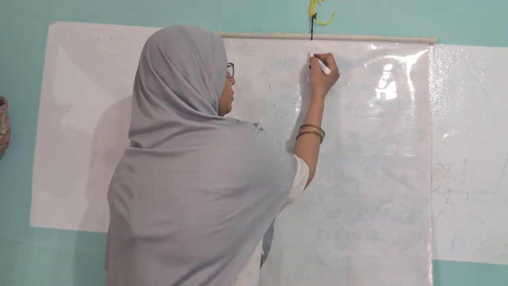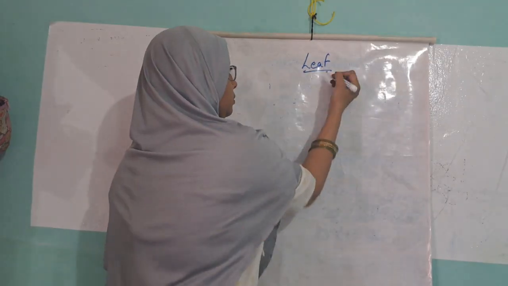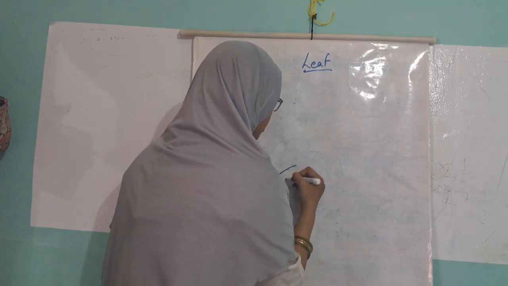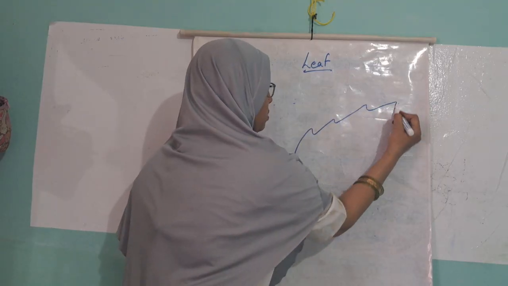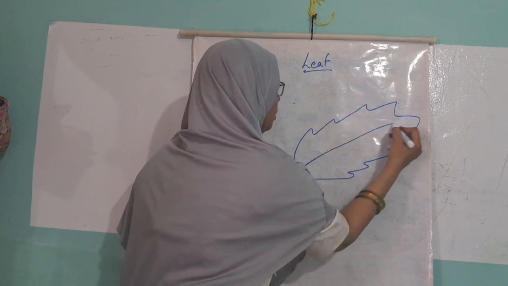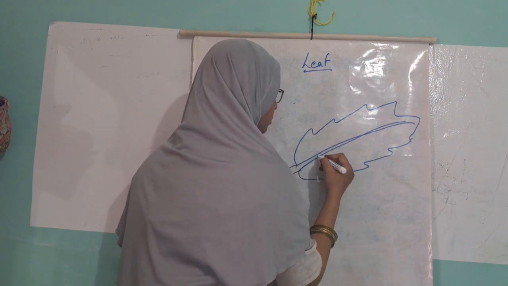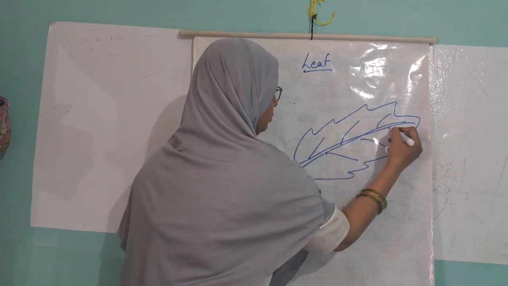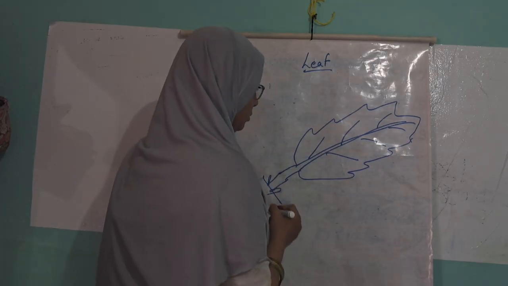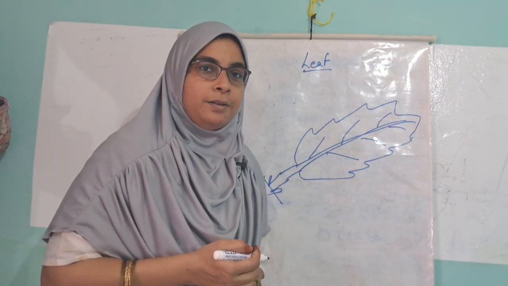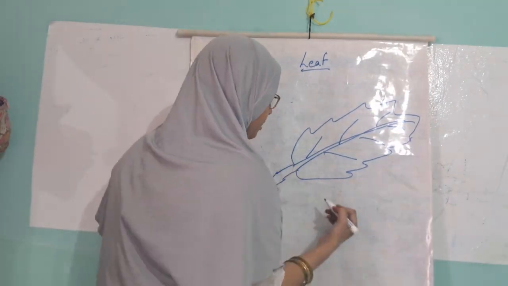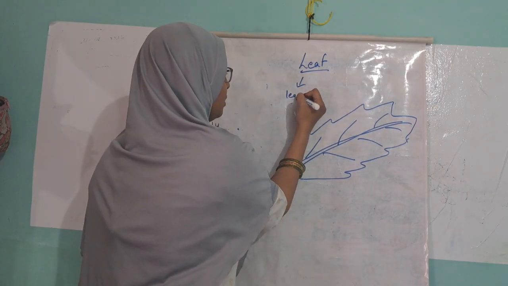Leaf. What are the parts of a leaf? Let's draw. Yes, a leaf has a leaf blade.